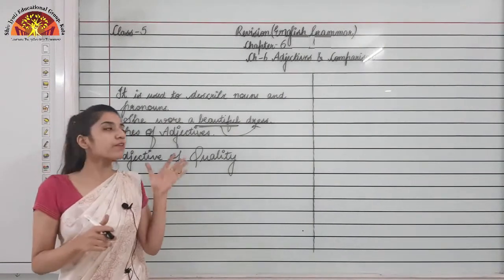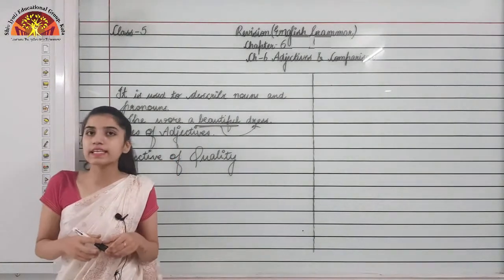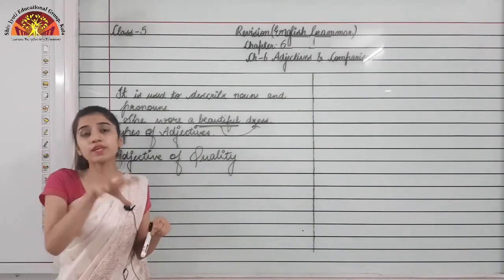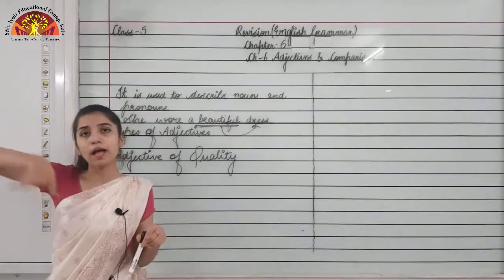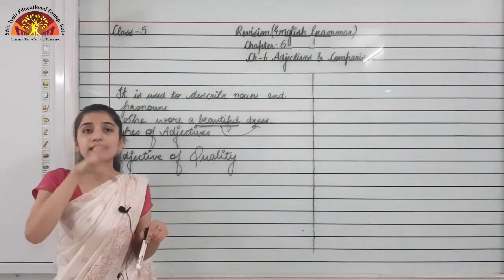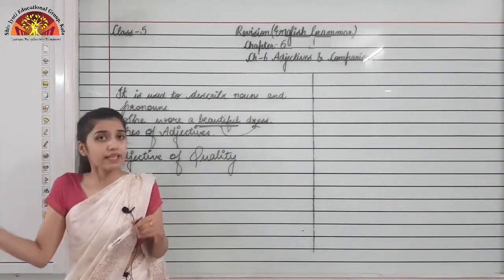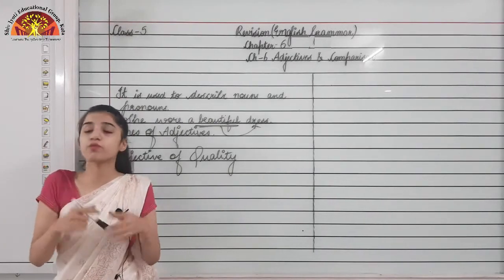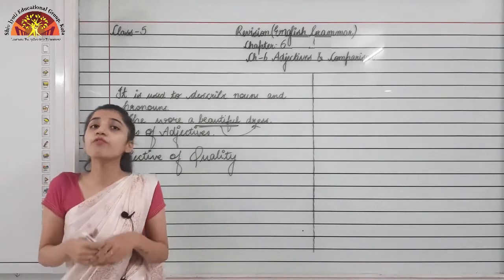An example of adjective of quality is, he writes meaningful letters. Meaningful is describing the letters he is writing, and it is telling us what kind of letters he writes. We got the answer as meaningful. Meaningful is an adjective of quality.